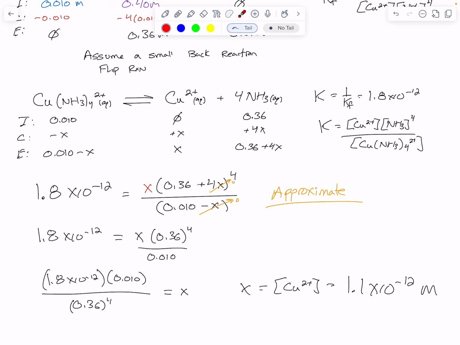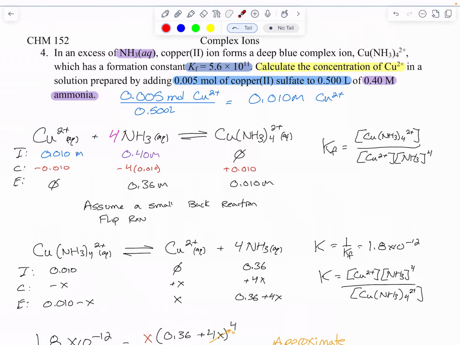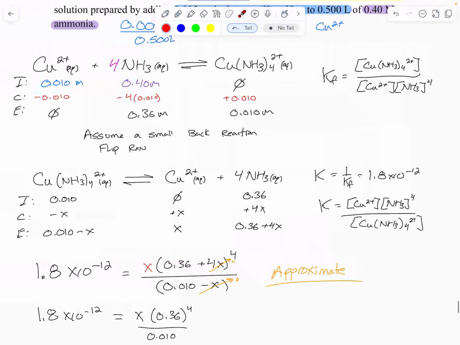So let's recap real quick. What did we go through here? We found the original solution of copper, how much copper there was. And then we added ammonia to make this new complex ion with the formation constant. And because it's so big, 5.6 times 10 to the 11th, we assume it pretty much all goes. However, it can't all go because some is still there. So we flipped the reaction.